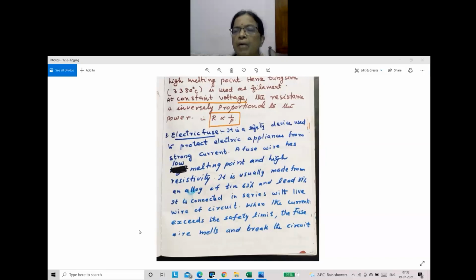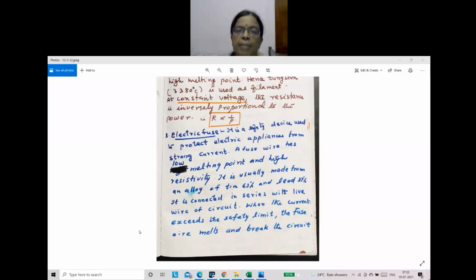Dibangsha, what is the purpose of fuse? Teacher, it will break the flow of current. When? When power supply goes higher than 220 volt. Power supply cut off. Okay, that is the purpose of fuse.